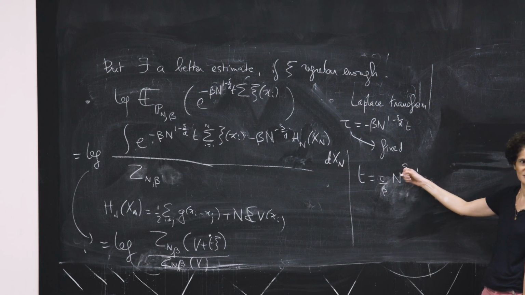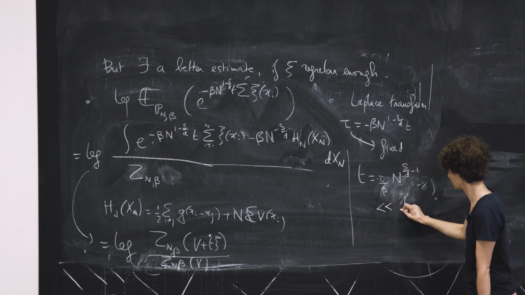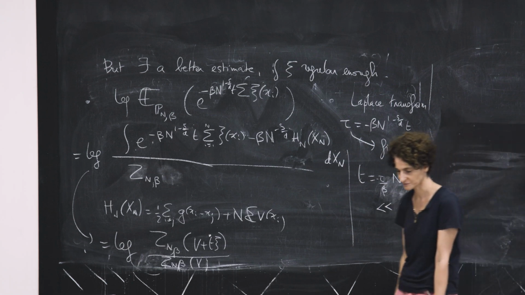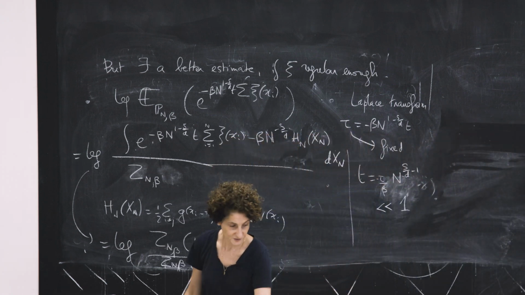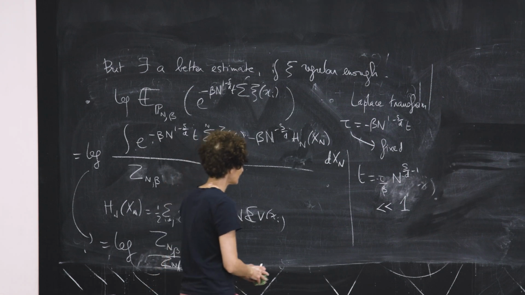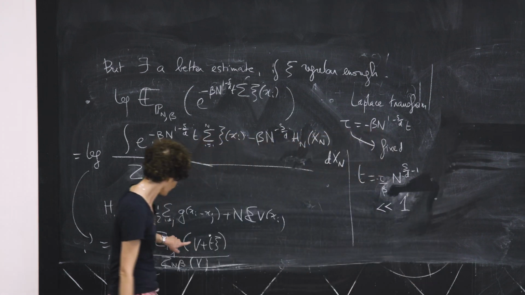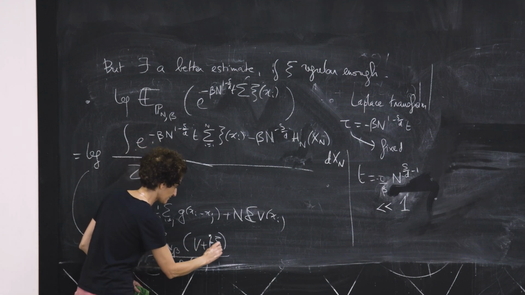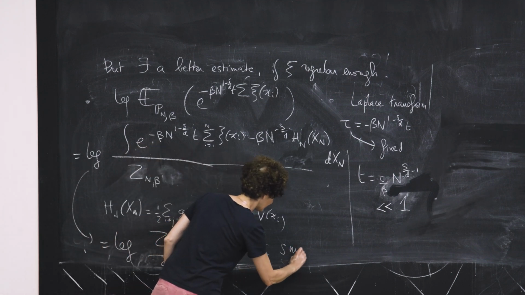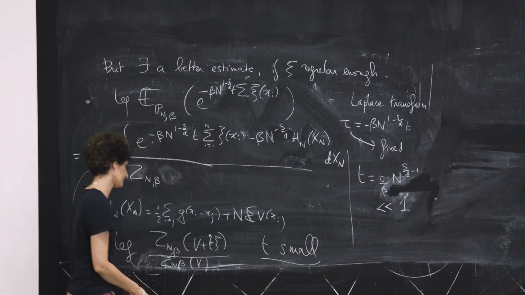Because remember, s is d minus 2, so this is less than 1 in any case, so this is very small as n goes to infinity. So we're talking about having a small t. In other words, we're talking about making small perturbations to the external potential. Okay, so t is small. That's the only important thing here.